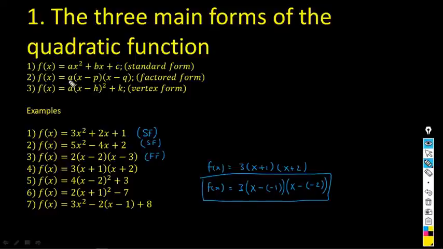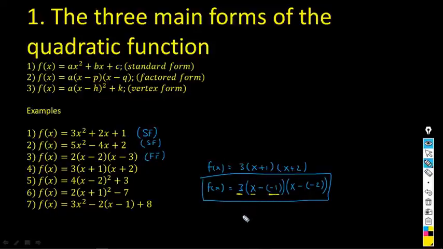We have a number, and then we have a binomial of the form x minus another number, which is what we have in here. Look, x minus this number, which is minus 1. Can you see? X minus this number.